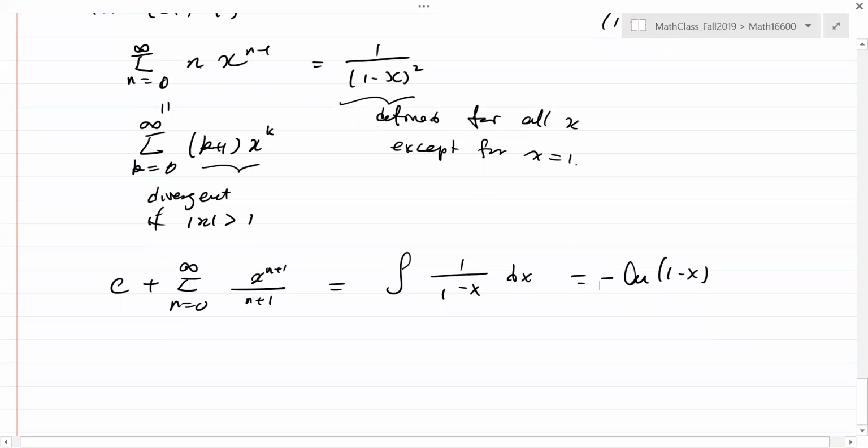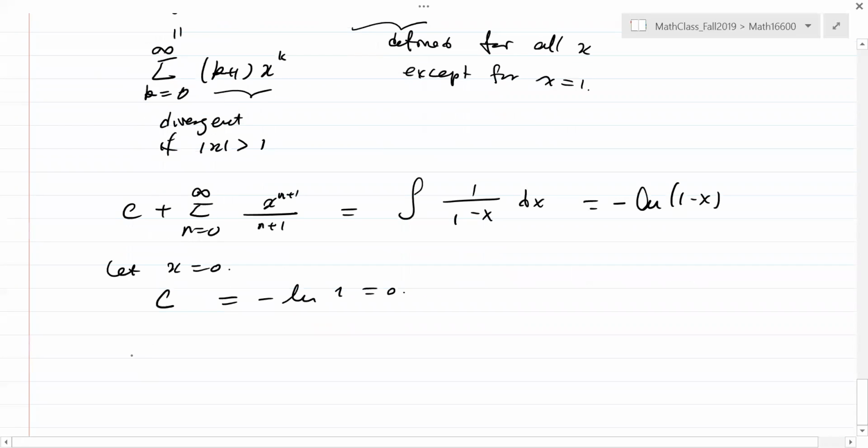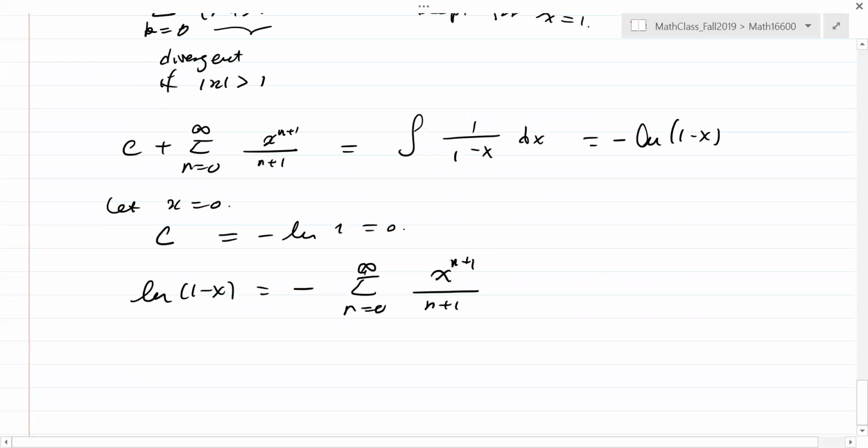So let's assume this is true. You have to determine the constant c. What happens when we let x be 0? So c equals natural log of 1, which is 0. So c is 0. In other words, I get negative natural log of 1 minus x, and the leading term is x plus x squared over 2 plus x cubed over 3, and so on.